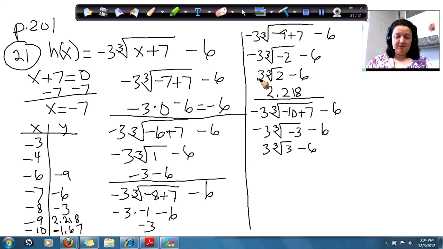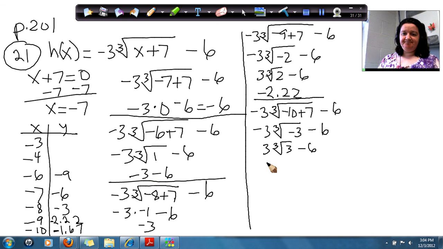So if I take the third root of 2, multiply that times 3, and subtract 6, I get negative 2.2. I did have the wrong thing for that.